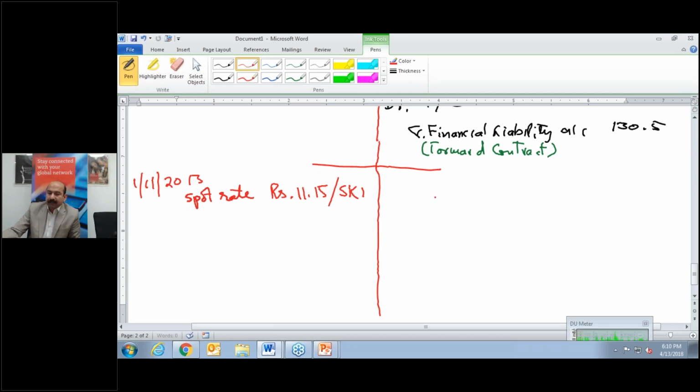Whereas the forward rate moved to rupees 11.35 per 1 SK.